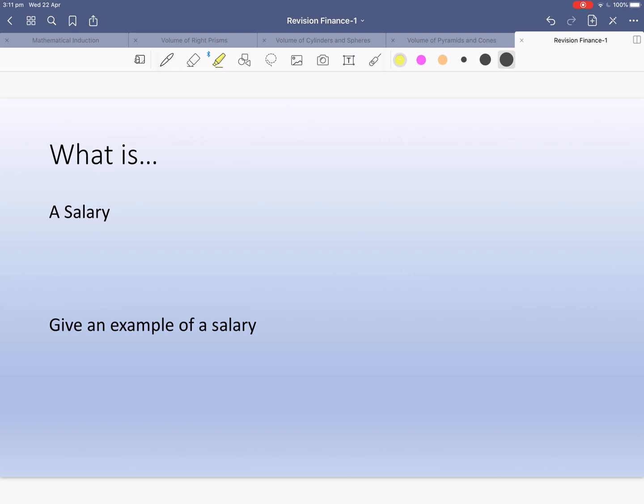Okay, what is a salary? A salary is what you earn in a year. I'm going to put it as per year, and I'm going to explain it further. Essentially, some people, including us as teachers, we get paid a salary, okay?